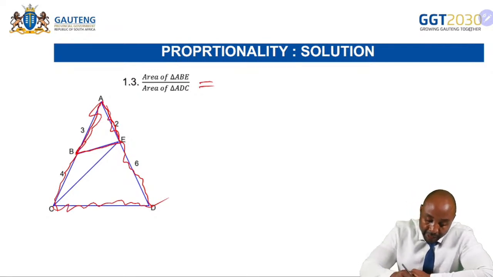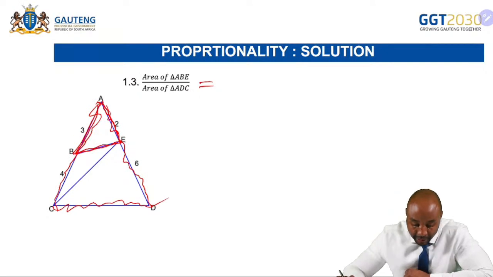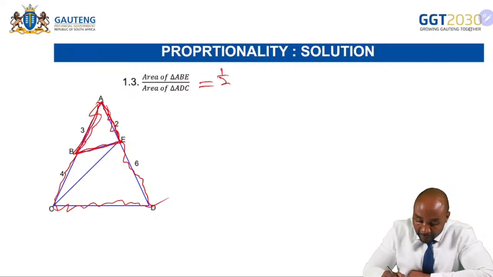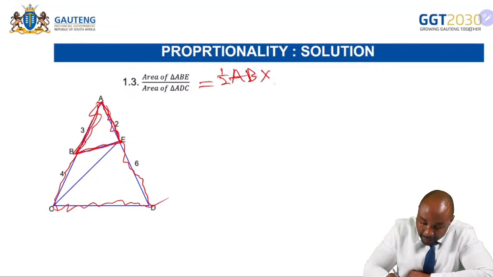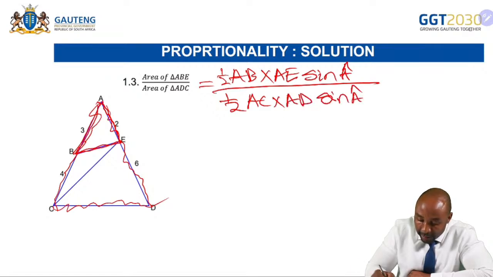We have identified our first triangle ABE, and then we have also identified our triangle ADC. And again, we have got a common vertex. It is going to be half. We are going to have AB times AE sine A over half. We will have our AC times our AD sine A.